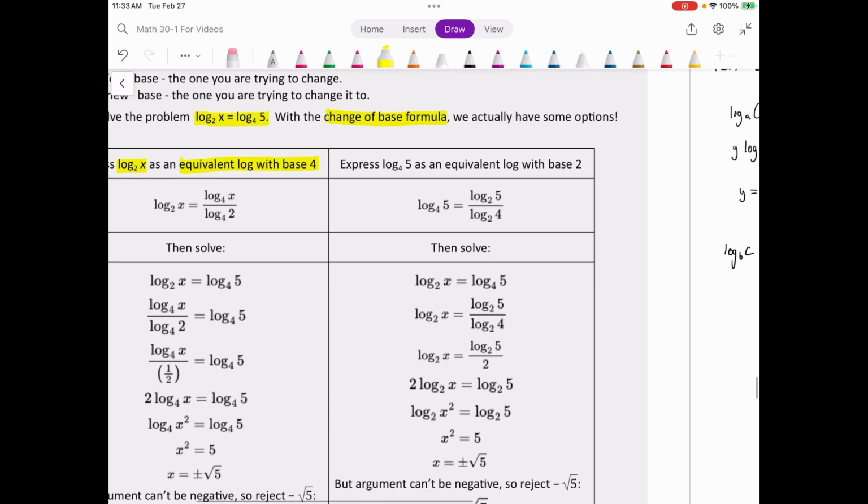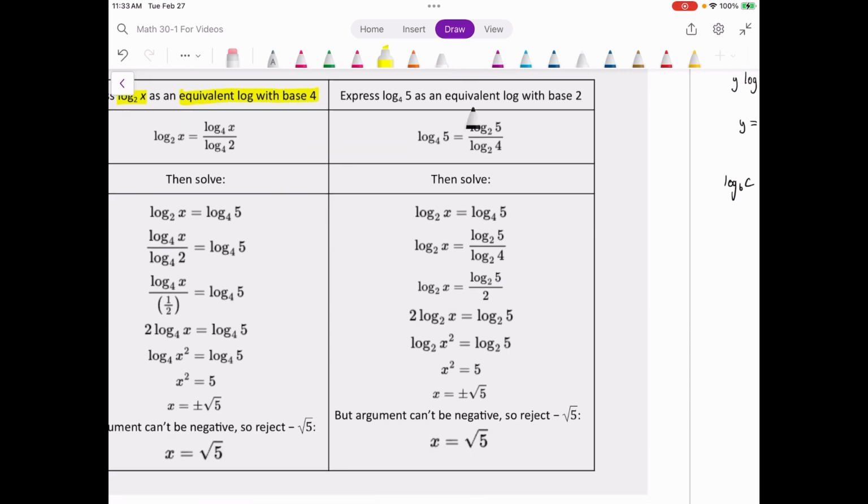And then similar process, log base 2 of x now equals log base 2 of 5 over log base 2 of 4, right? Log base 2 of the argument over log base 2 of the base. And then log base 2 of 4, well, that's just 2, because 2 to the power of 2 would equal 4. So we have log base 2 of 5. Chose here to multiply both sides by 2, so 2 log base 2 of x equals log base 2 of 5.